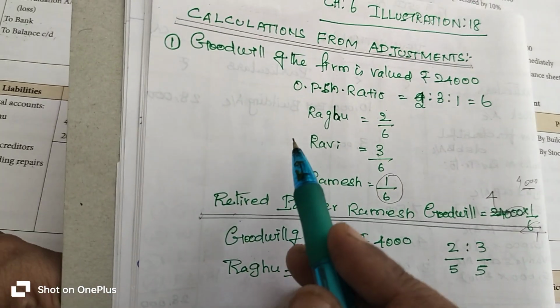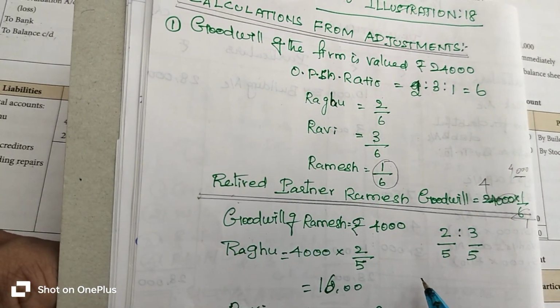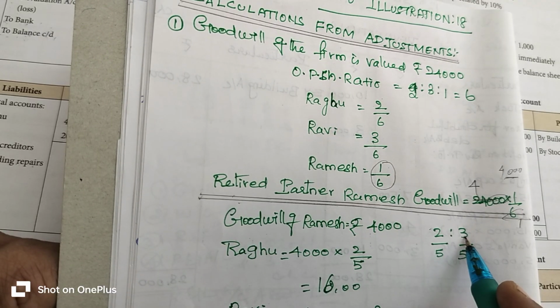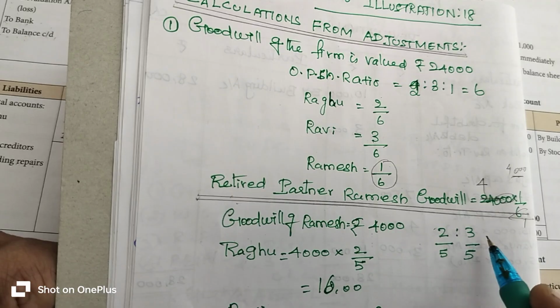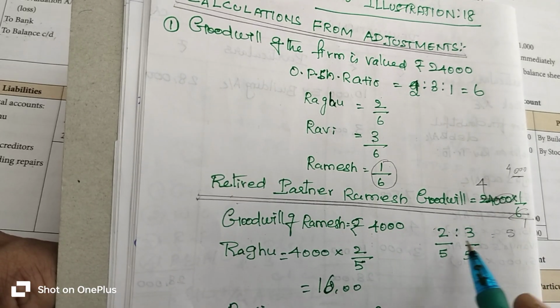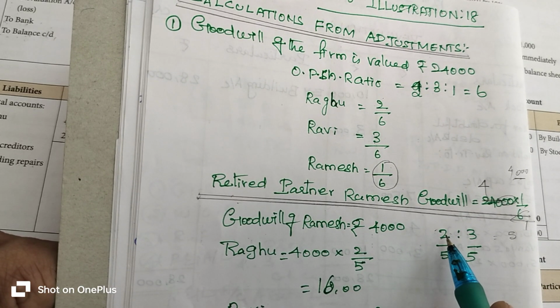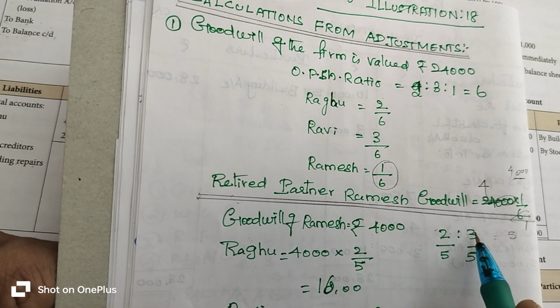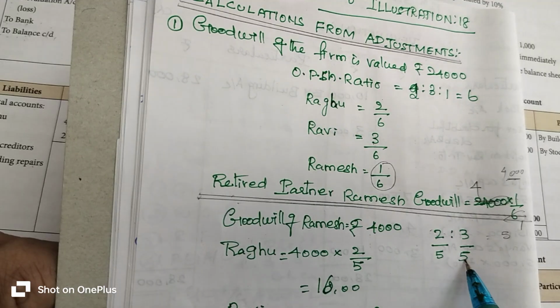The continuing partners are Raghu and Ravi. Raghu's ratio is 2, Ravi's ratio is 3. Added together, 2 plus 3 you will get 5. So Raghu's new profit sharing ratio is 2/5 and Ravi's is 3/5.